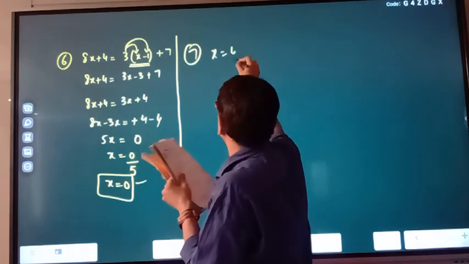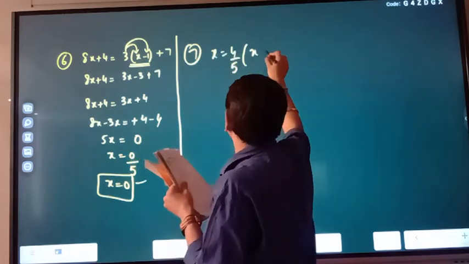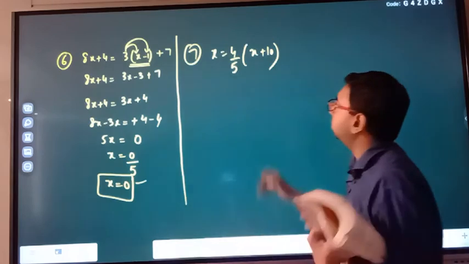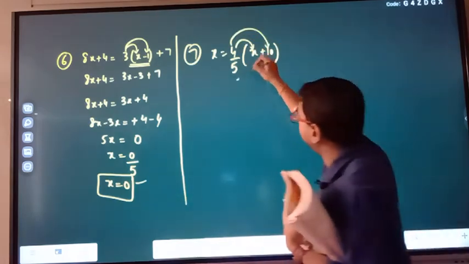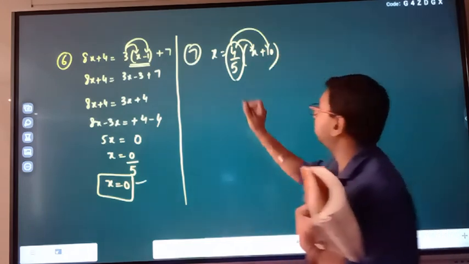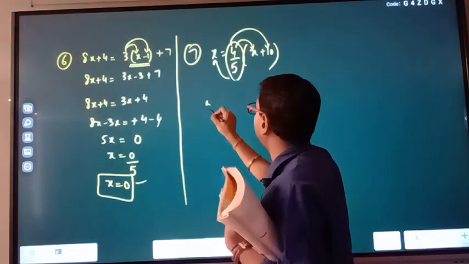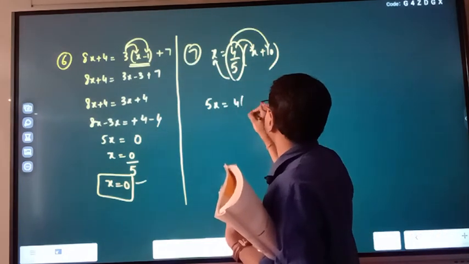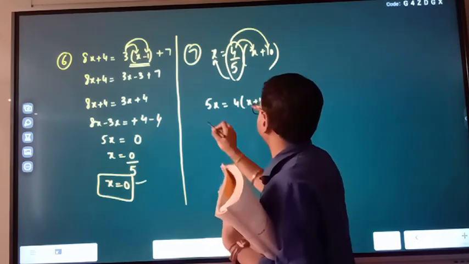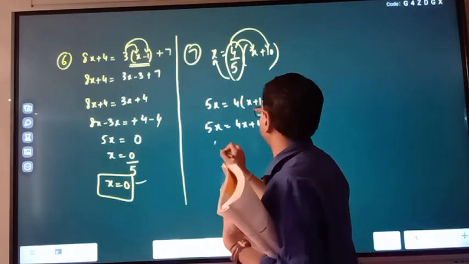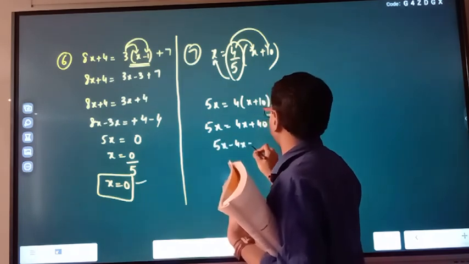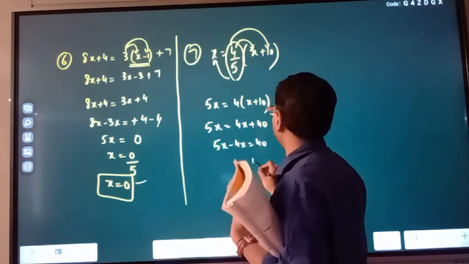Question number 7. x is equal to 4 by 5 (x plus 10). One method is to simply multiply the complete equation by 5, taking the denominator across. Then x is equal to 40, simply the answer.